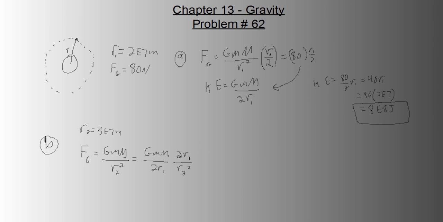This would cancel this out, and we're left with just the original GMm over r2 squared, right? But we want to keep this stuff, because this right here is equal to that, which is equal to that. So this really just equals 8e8 times 2r1, this, over r2 squared.